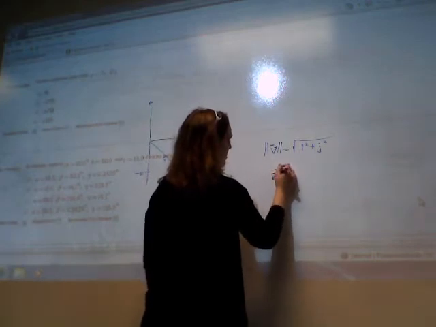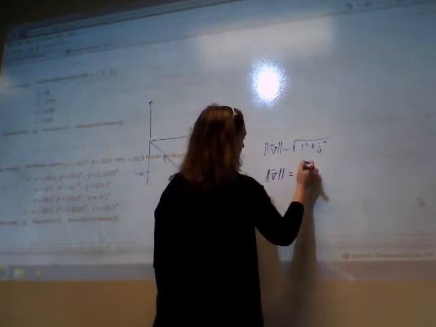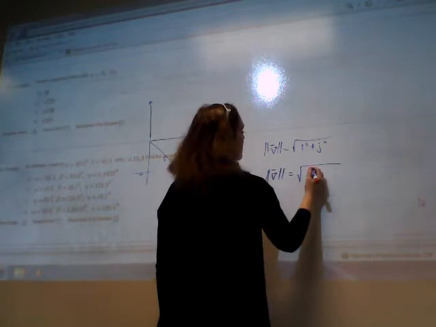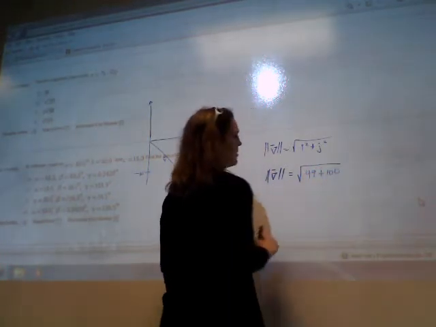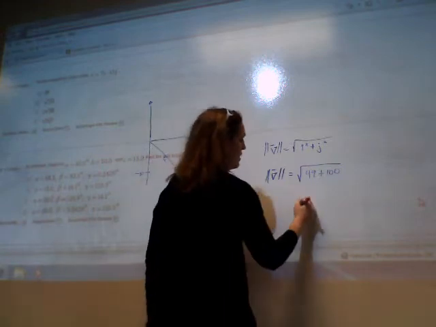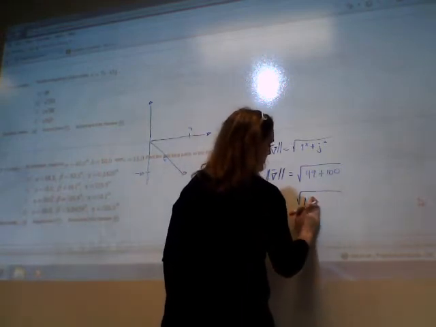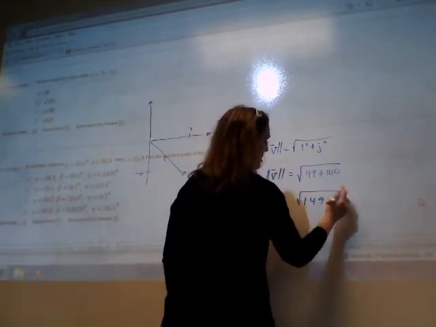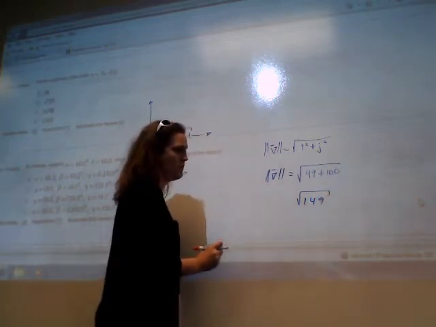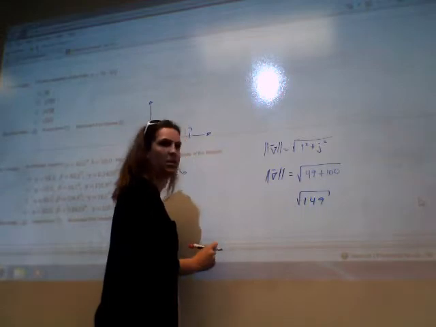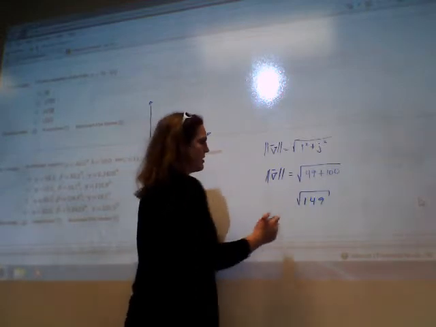So, the magnitude of vector v is equal to the square root of 49 plus 100. So the square root of 149. Is that reduced? I don't see it.